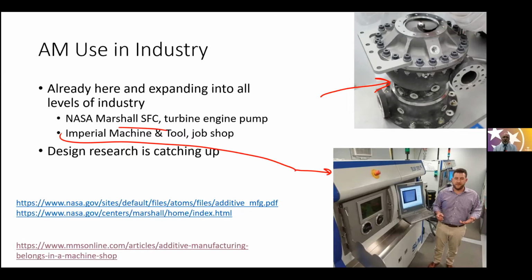And so additive manufacturing is already here being used for engineered products in industry at all levels. That's my point. How you design for that is catching up. Vendors who make these machines and software companies who serve the CAD design for these machines are doing bits and pieces of the design for process, but it's not complete. So there's still plenty of research in the design methodology for additive manufacturing.